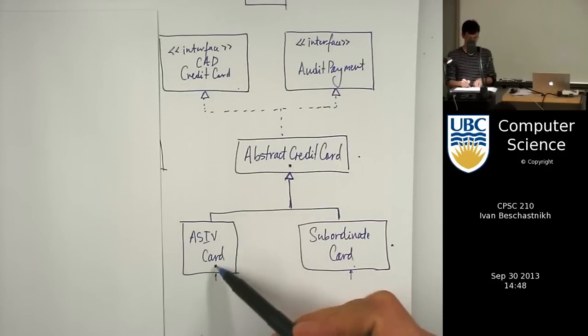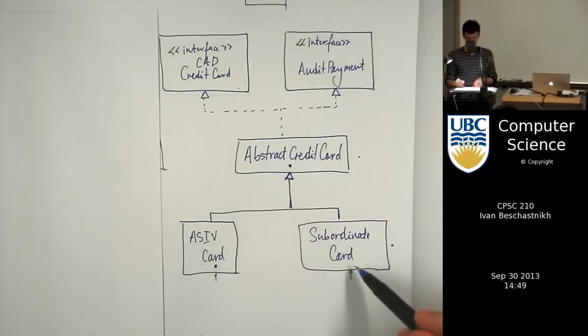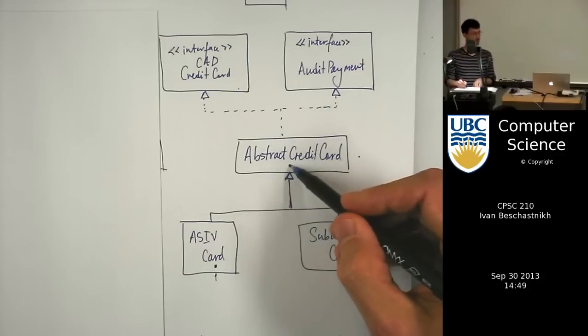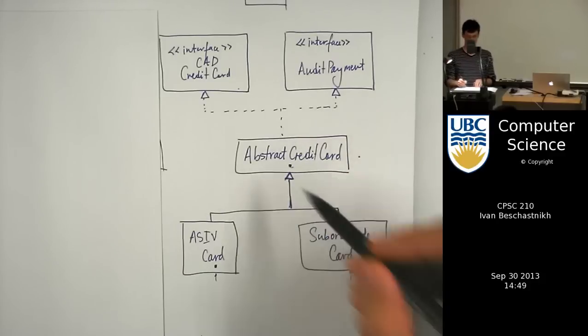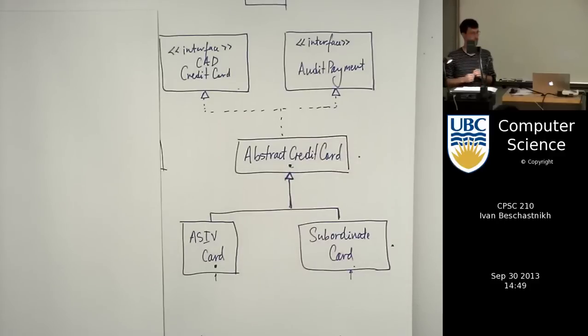So ACID card has an implementation of authorize amount. So this is the function that we call. This guy doesn't have an implementation of authorize amount. So what it did is it went up to the superclass and it called the authorize amount implemented there. Right? So that's dynamic dispatch. So at runtime, Java decides which implementation to call depending on the actual type.